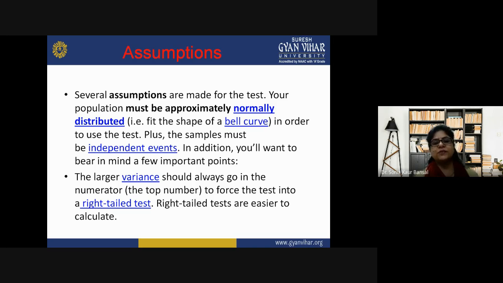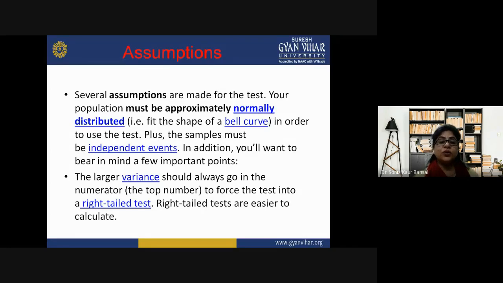Several assumptions are made for the test. Your population must be approximately normally distributed. It fits the shape of a bell curve. The bell curve is actually the best curve, the normal probability curve, in order to use the test. Plus, the samples must be independent events.